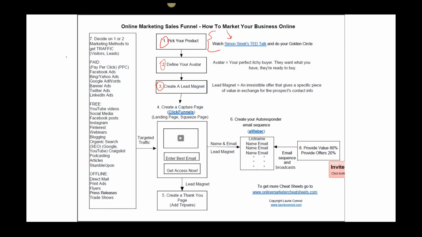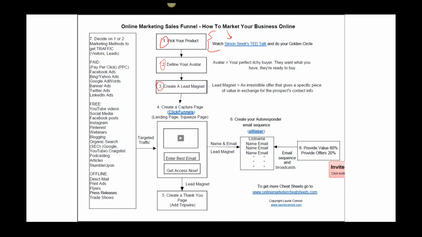A lead magnet is an irresistible free offer that gives a solution to a problem for them. It doesn't have to be a major solution like a 6-hour training or anything. You don't want that. You want something that they will opt in for and exchange their email address in order to get that lead magnet.